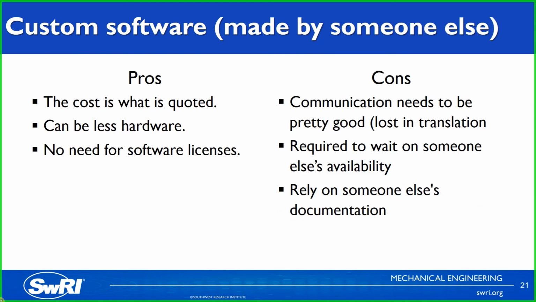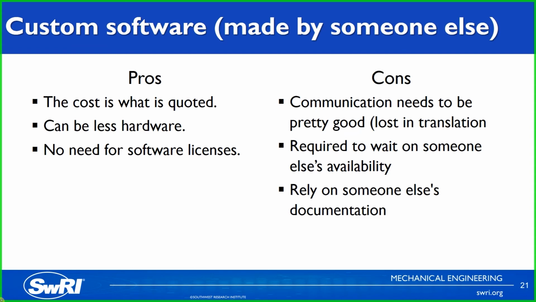Some of the pros and cons of custom software made by someone else. First of all, the cost is what is quoted, so you don't have to worry about additional cost because you weren't able to correctly identify how long it would take to do the software. Also, you don't need software licenses because someone else is taking care of that software development.